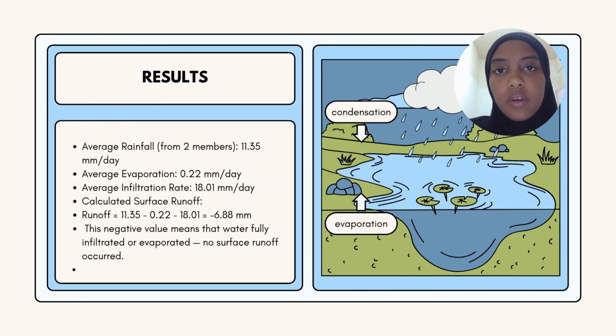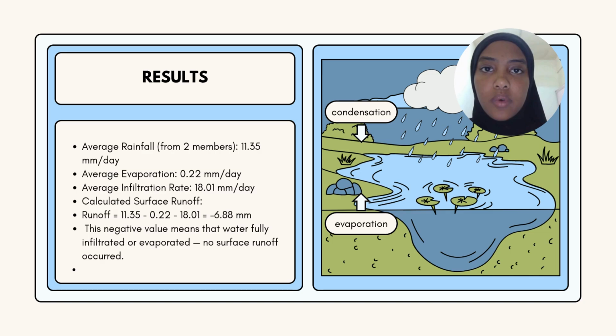Assalamu alaikum warahmatullah. My name is Rainfall Musa and I am from Group 3 and I will present the result of our group project. Okay, in this project we use the water balance equation. It is runoff equals rainfall minus evaporation minus infiltration.